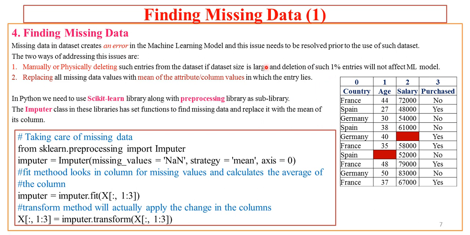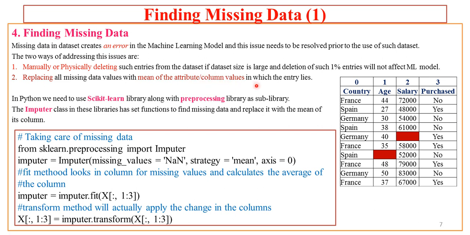So if your data set is large and there are only 1% entries of missing data, in that case you may delete it, because for larger data deleting 1% entries will not make any difference. But for smaller data you should not delete the entries, rather you have another way of doing this, that is replacing missing data with the mean of the attributes or column values.